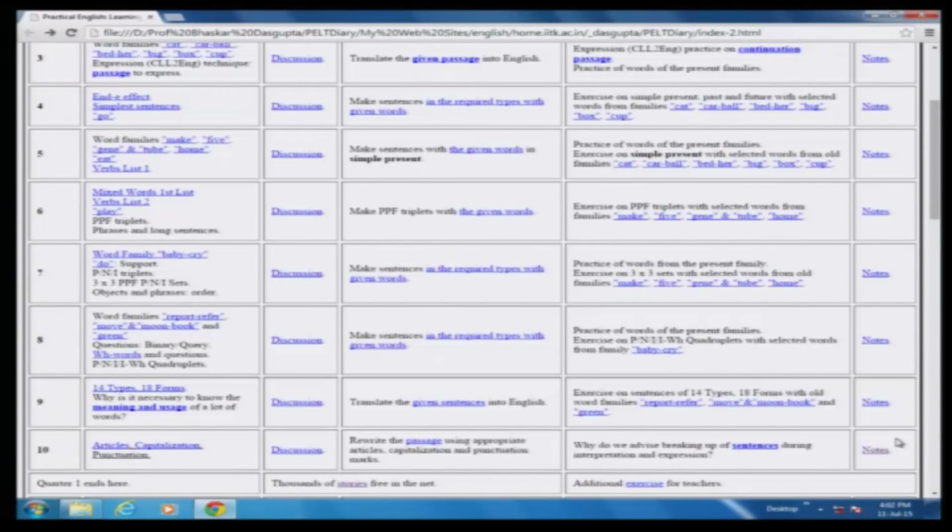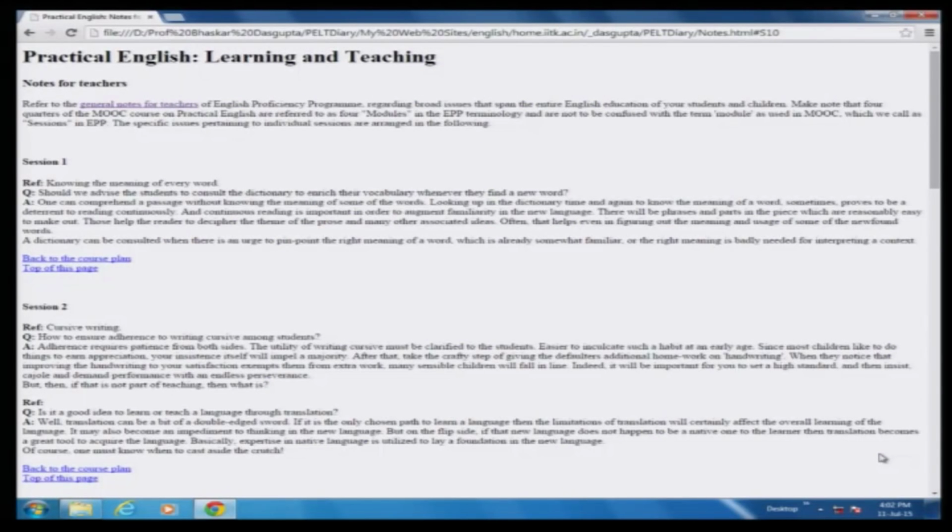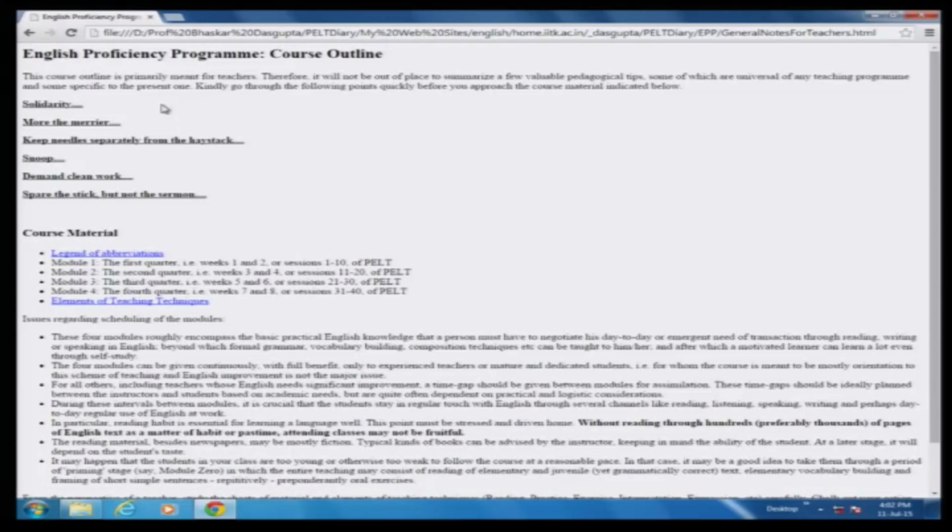That means you may need to cover quarter 1, then give a gap of time and then cover quarter 2 and so on. And sometimes, depending upon the maturity level of the children, such gaps may be required.